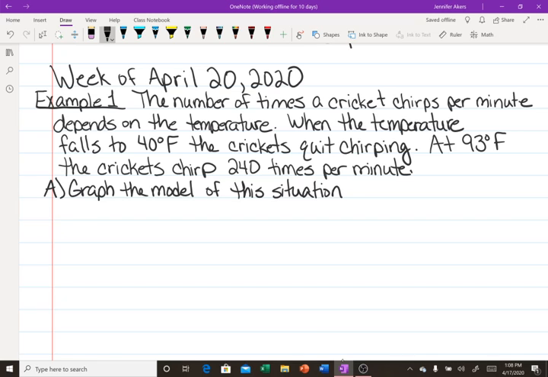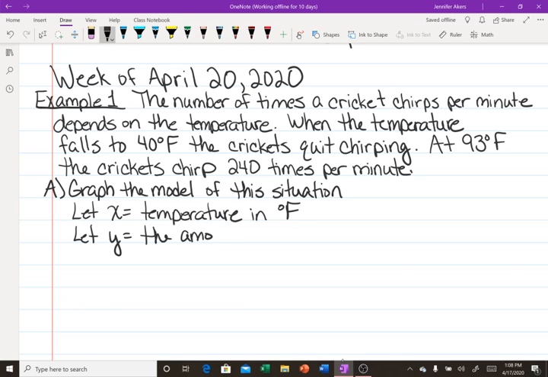We're going to let x equal the temperature in Fahrenheit. And we're going to let y equal the amount of chirps per minute.